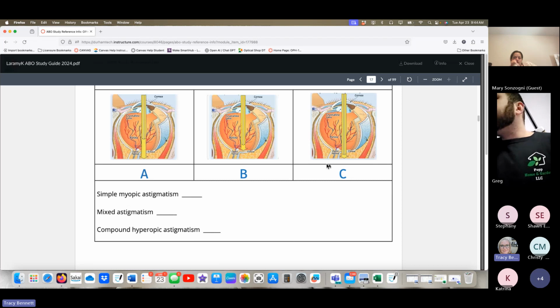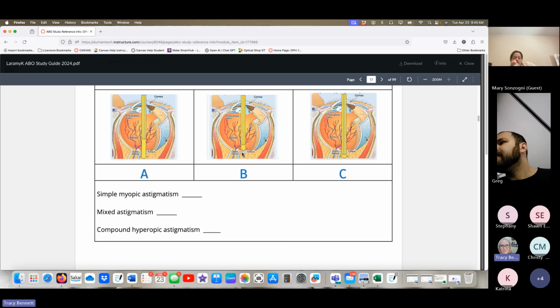So which one of these has one meridian that's focusing before the retina, and the other meridian that's focusing after the retina? Which one is that? Mixed. It's mixed because one's in front, one's in the back.